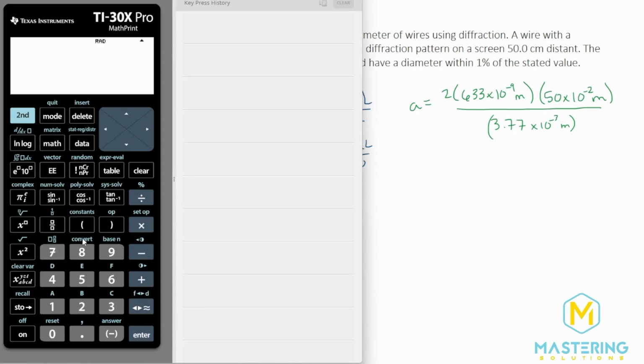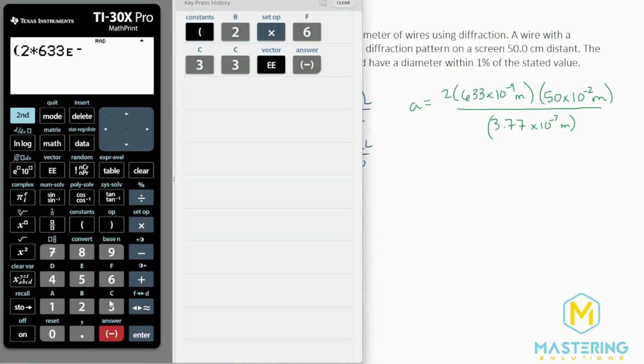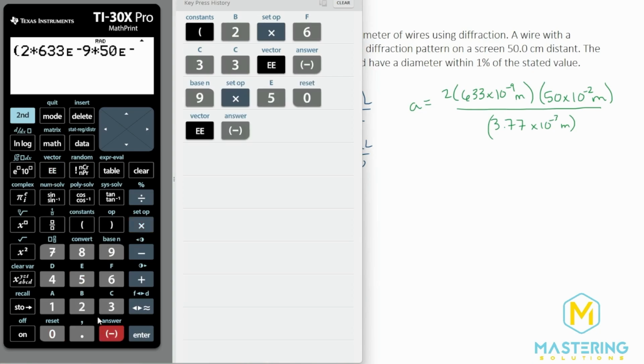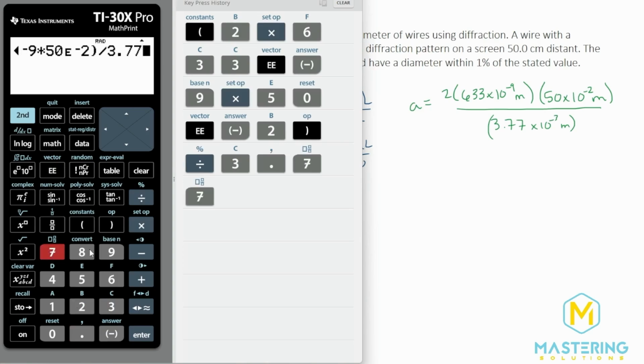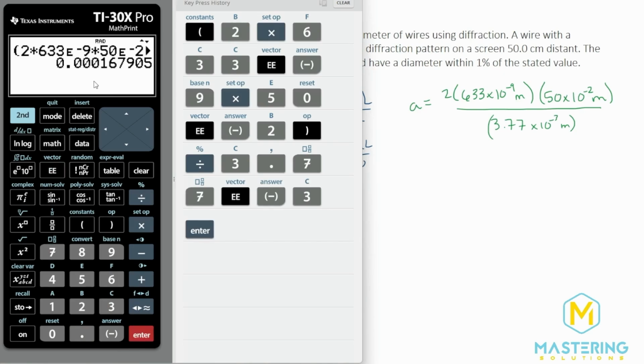Let's put that in our calculator. So we have 2 times 633 times 10 to the negative 9 times 50 centimeters, 10 to the negative 2. All that's divided by the W, which is 3.77 times 10 to the negative 3.